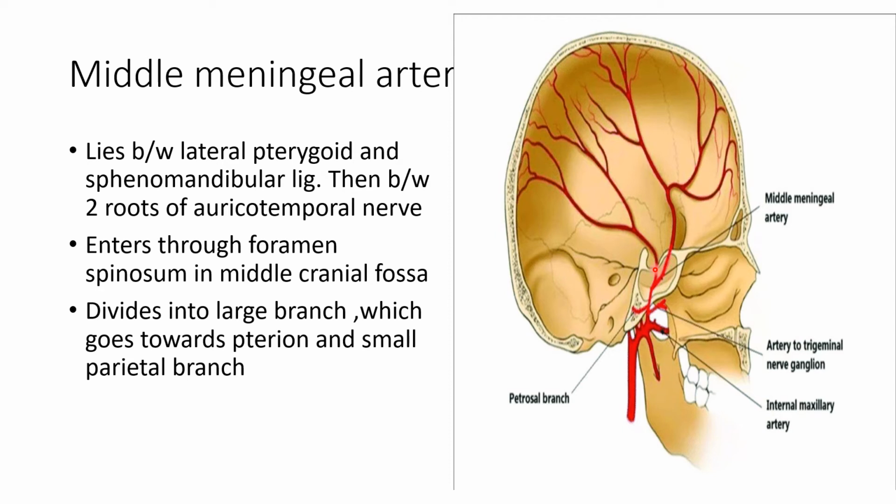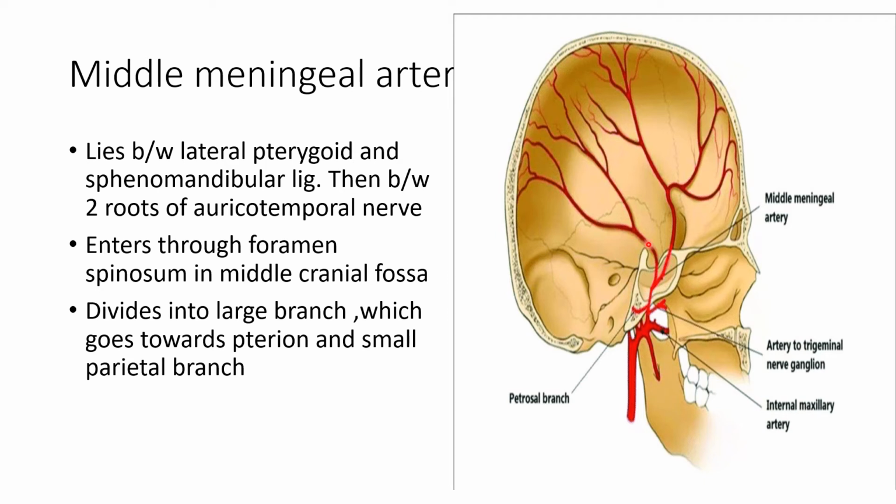I guess you people have studied foramen spinosum when we discussed the norma basilis. When it enters into the skull, it divides into two branches, anterior and posterior. The anterior branch is larger and the posterior one is smaller.